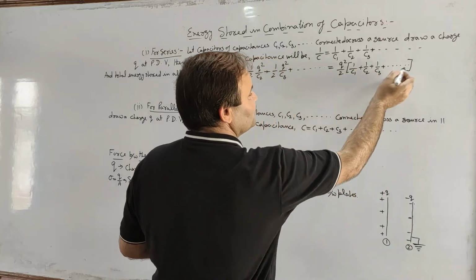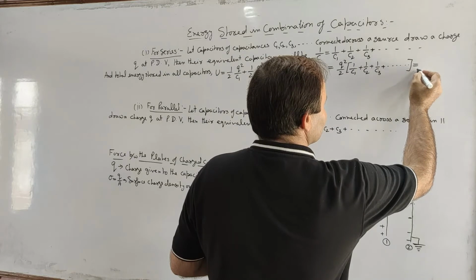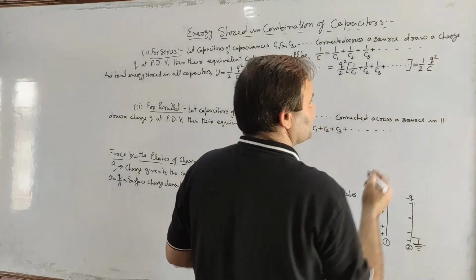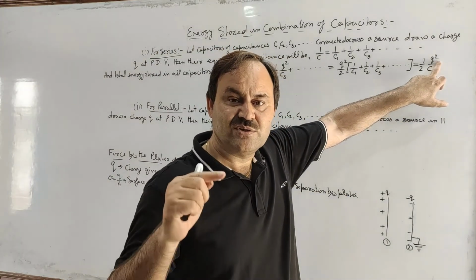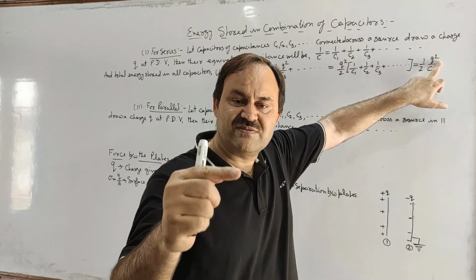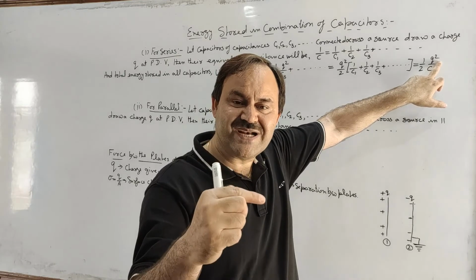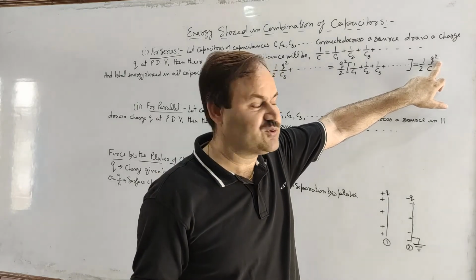And we know that it is 1 upon C, so this expression will become half Q square by C. Q will be the charge drawn by combination from the source, which will also be equal to the charge drawn by equivalent capacitor when connected across the same source.